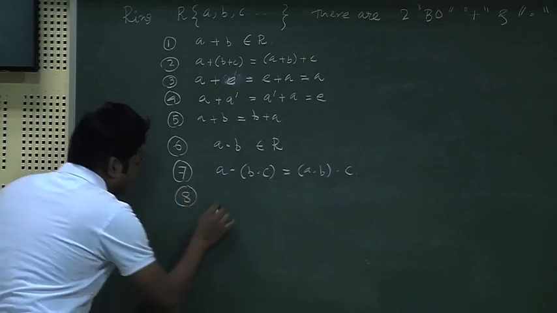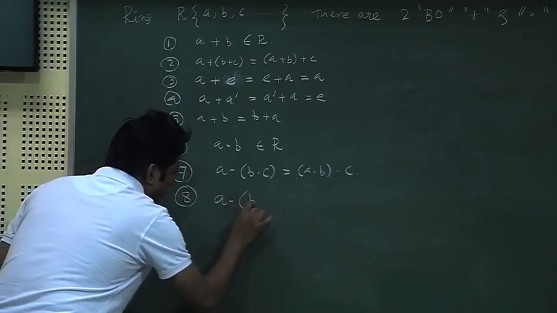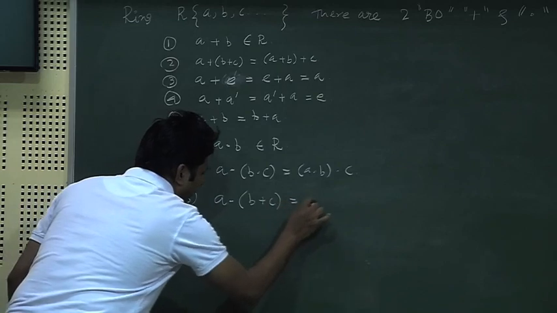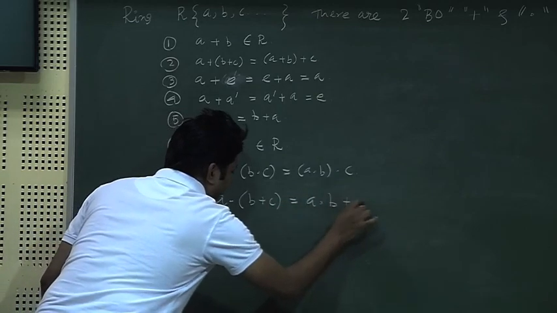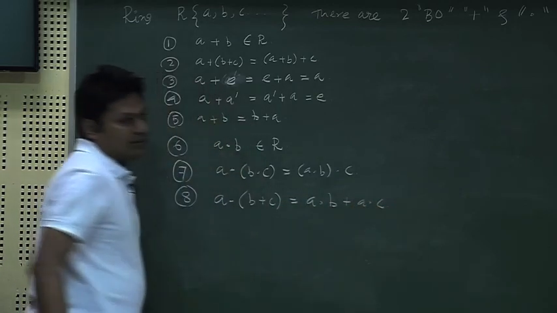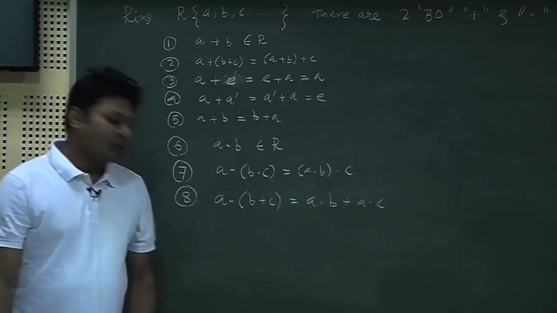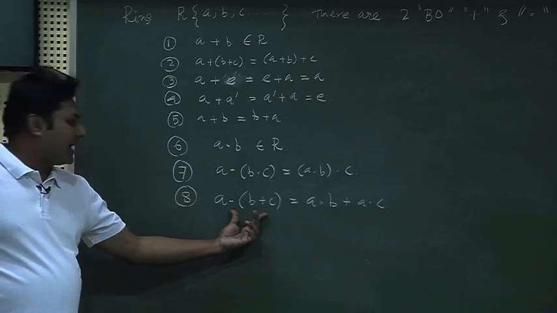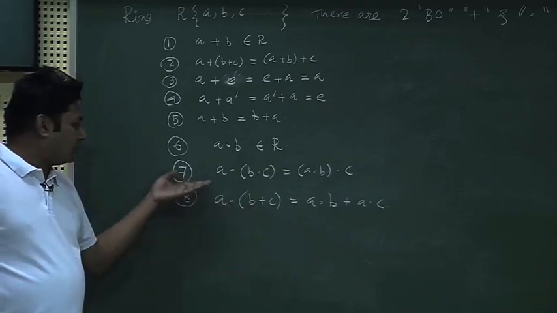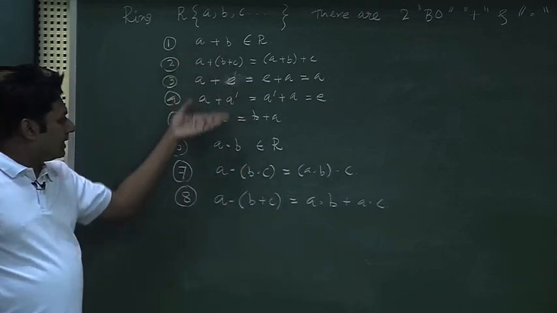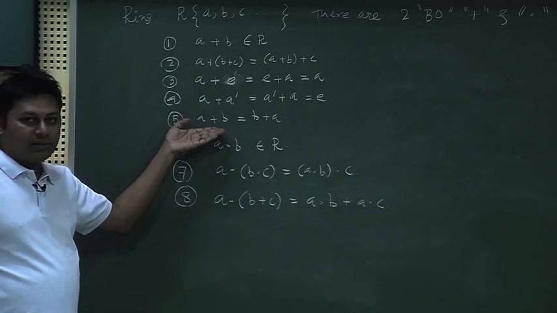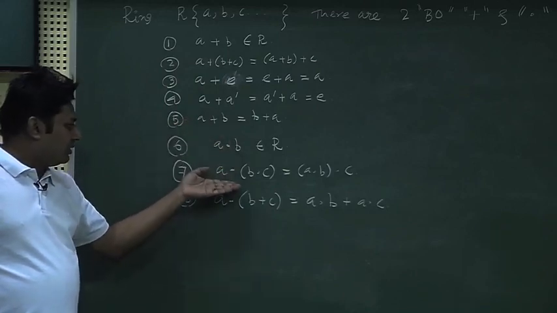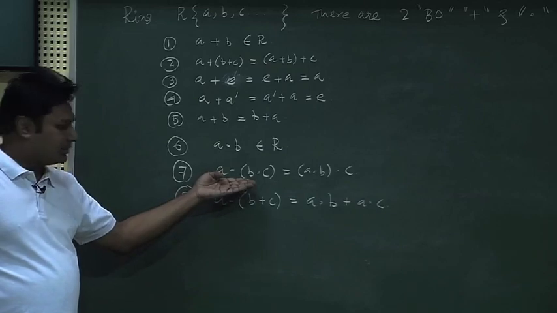8. This is very important. Why is this important? Because this is the first time I am applying these two binary operations together. Up to 7, I operate only one operation at a time, and from here I operate the other operation, star or dot.